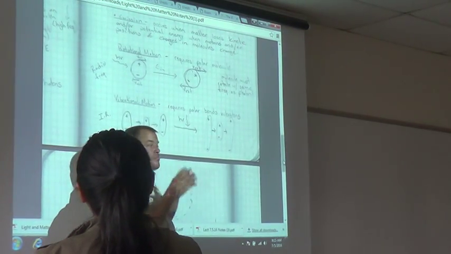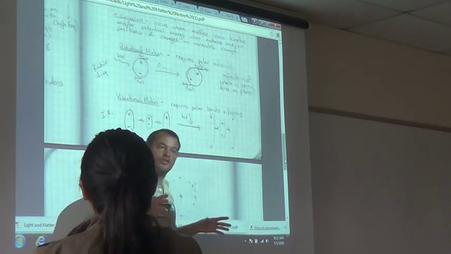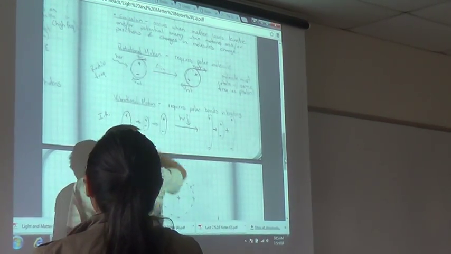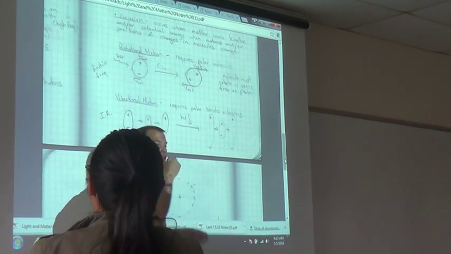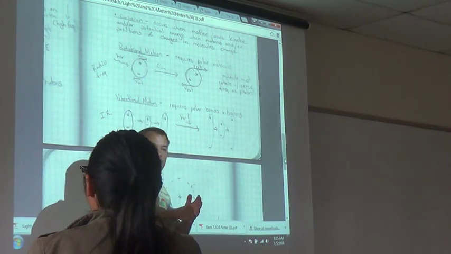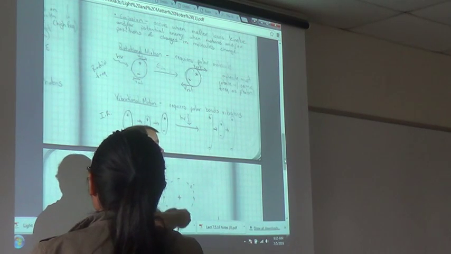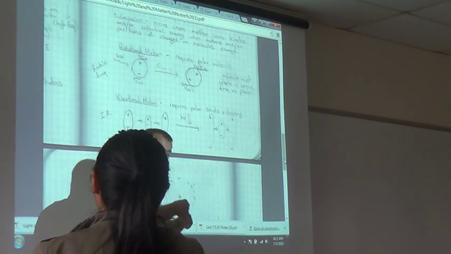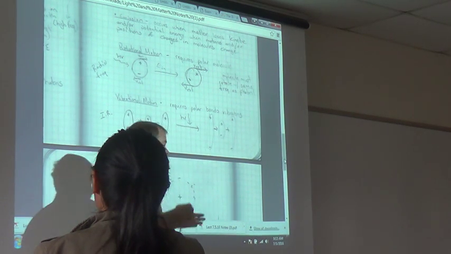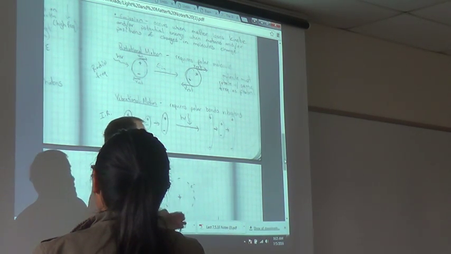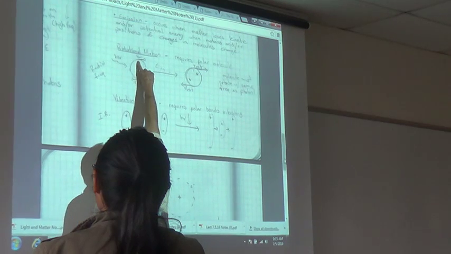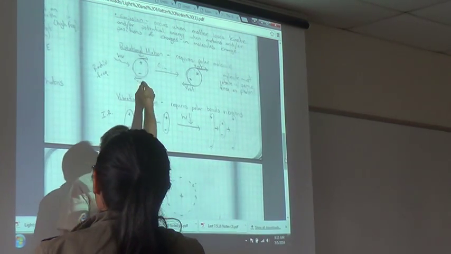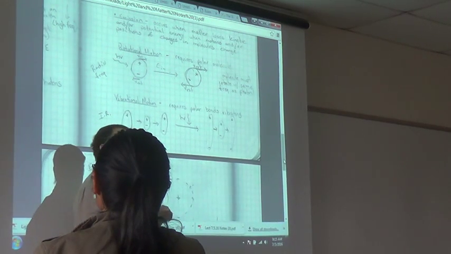Also, I'm sorry, this molecule has to be charged. It has to have a separation of charge across the molecule. So I've drawn one end of the molecule being positive, the other end being negative. If you hit that with a photon, if the photon is vibrating with the exact same frequency that the molecule is rotating, and if the photon hits in just the correct orientation, it'll cause forces on the positive charge to move in one direction, while forces on the negative charge move in the opposite direction.